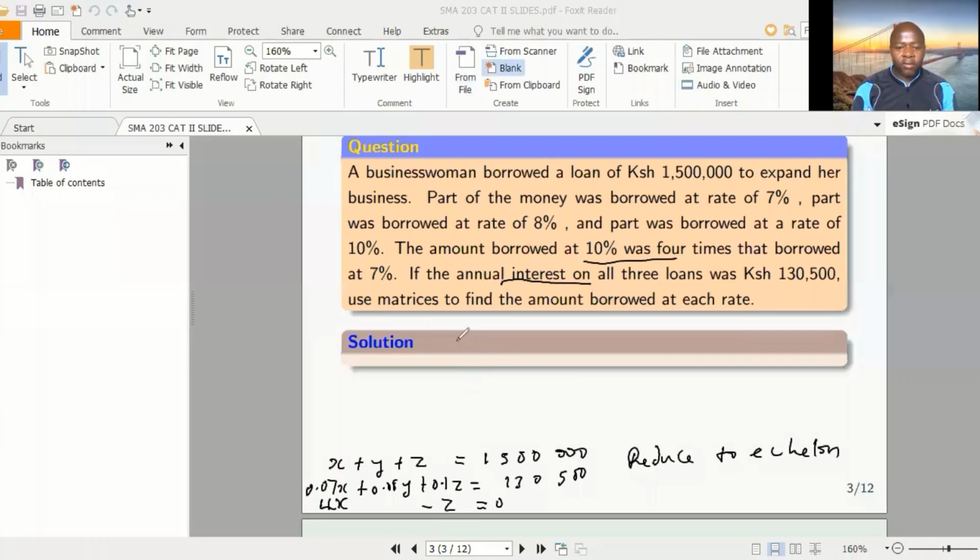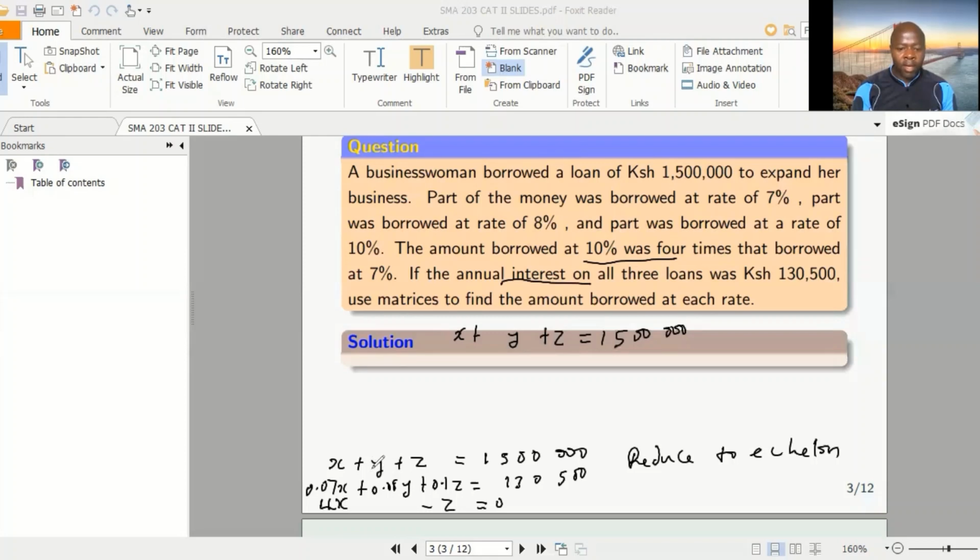Now, the first equation remains as x plus y plus z is 1,500,000. I want to multiply the first equation by 0.07 and subtract from the second equation so that I have 0 at this point. So x times 0.07 subtracted from 0.07x gives me 0.